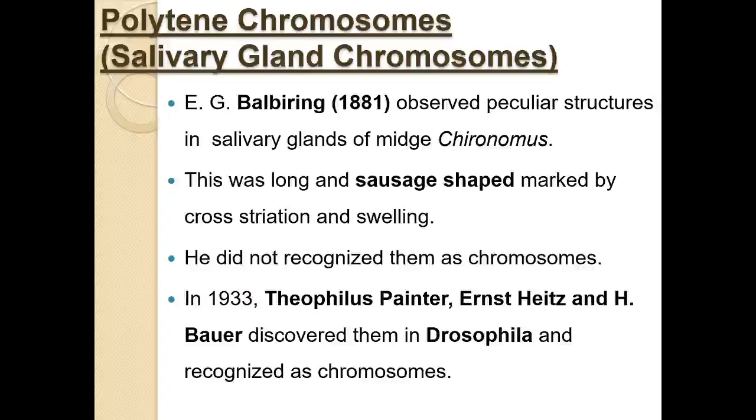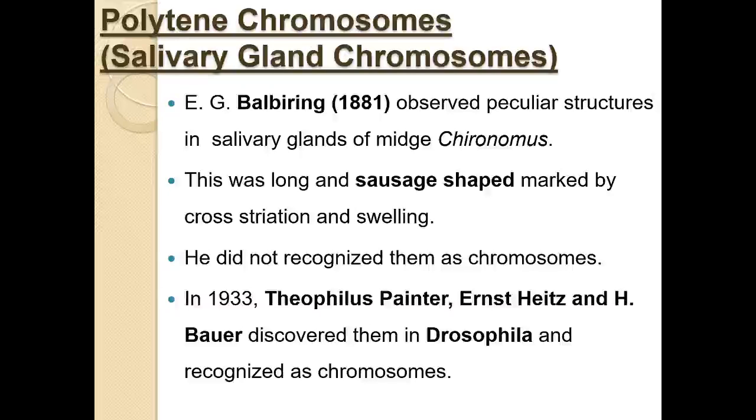At that time he thought it might be a chromosome, but this body did not show any characteristics of a general chromosome, and hence unfortunately he did not recognize it as a chromosome.